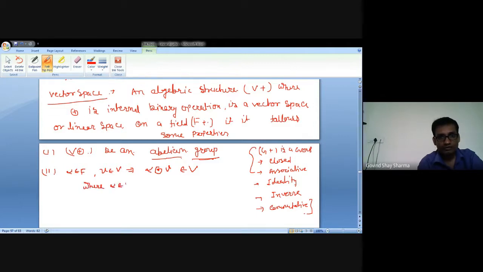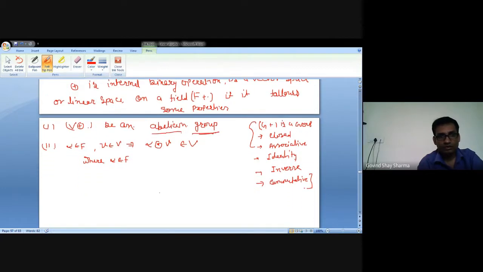Third, scalar multiplication distribution.